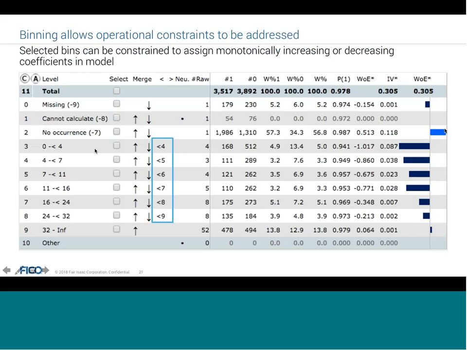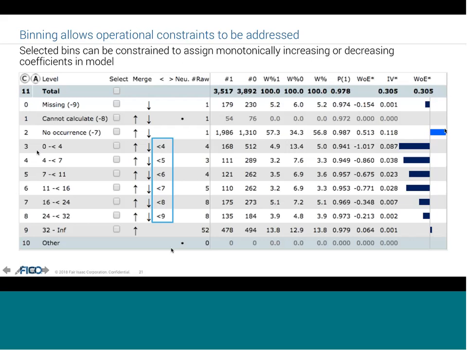So for example, if I am trying to correct for an anomaly that I see in the data, and let's say I am expecting, with my domain expertise, that as I move from lower to higher of this particular variable, I should see a smooth, monotonically increasing pattern in whatever it is I'm capturing.